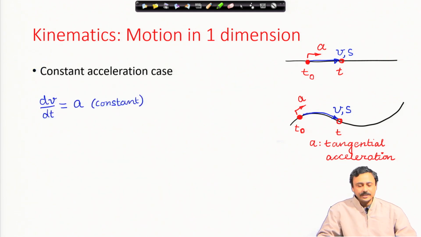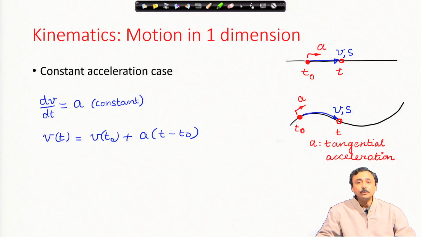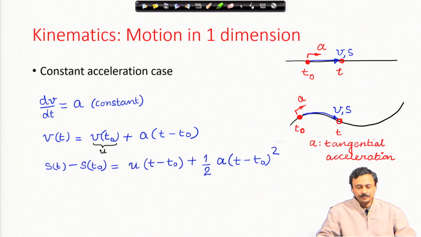Now, when you have constant acceleration, you know that acceleration is defined as dv/dt, the derivative of velocity with respect to time. You can integrate this equation once because acceleration is constant, and what you have is v as a function of time is the velocity at time t equal to t0, plus acceleration times the flow of time, t minus t0.